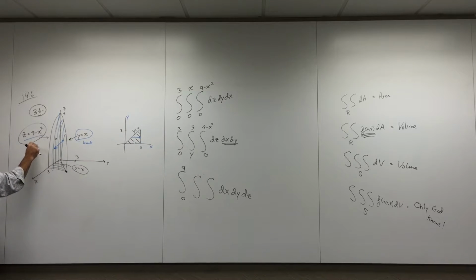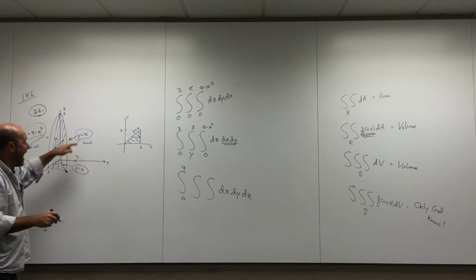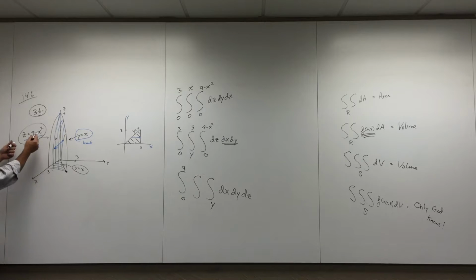And now here I am. I want to go from that back X, which I'm calling y, to my front X, which I better call the square root of 9 minus z.